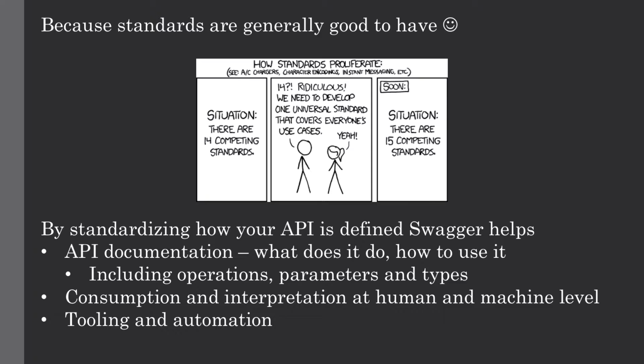When you think about APIs, you're writing a bunch of client code against it. But sometimes it could be another machine consuming your API, and it would be really good if the specification is machine readable, right? And then, of course, the whole story around tooling and automation. If you have specifications, then you can start building things around it, because there are standardized mechanisms of dealing with this stuff.